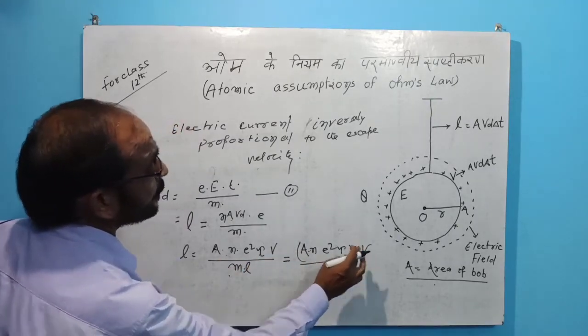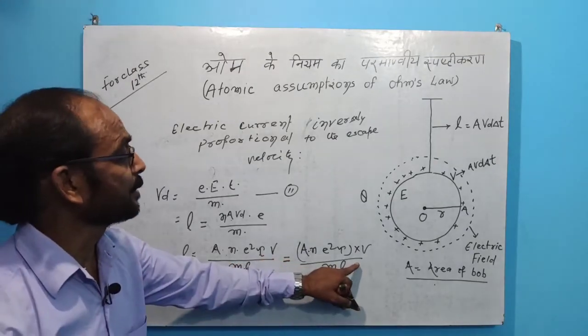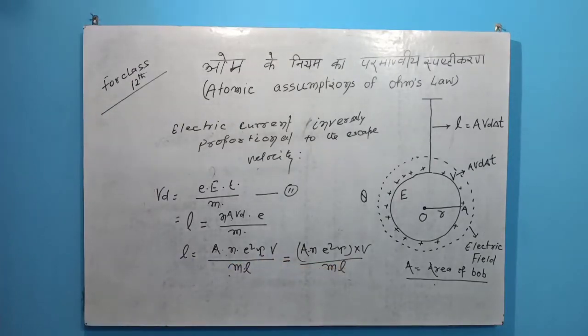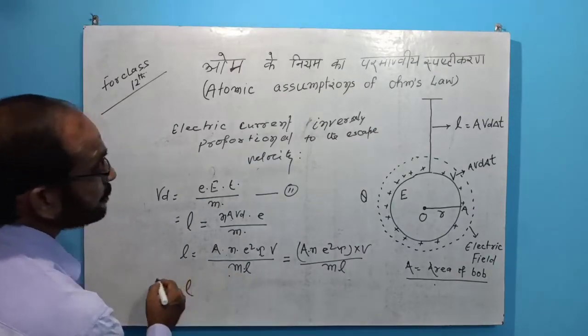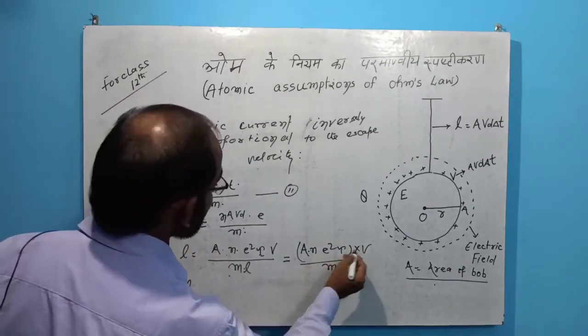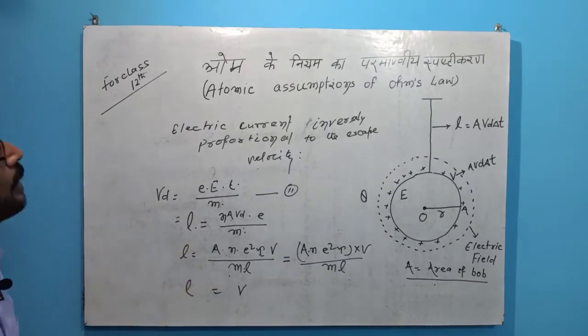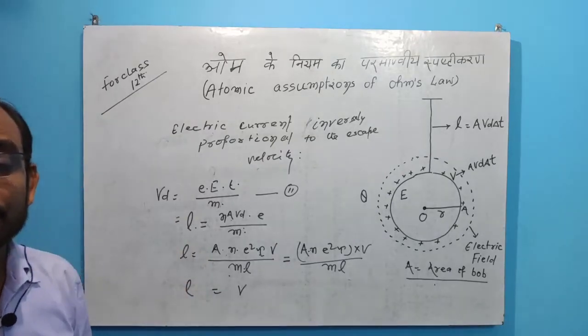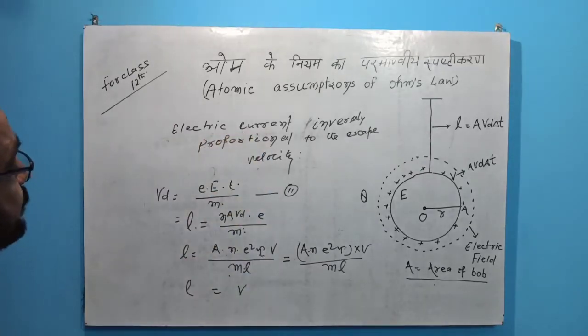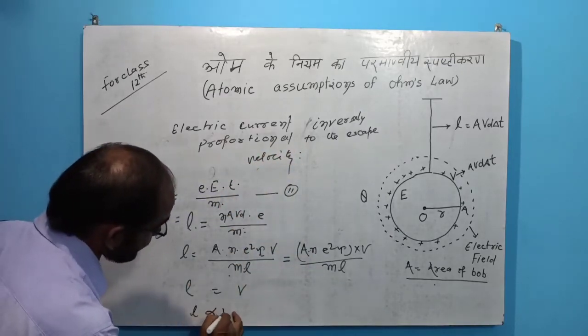This is the form where V is separated in multiple, because we have to study about the certain volume, how many number of electrons and the length of the bulb is present, that is L. This value is L equal to V. That qualifies about the electric current inversely proportional to the escape velocity is L vary as V.